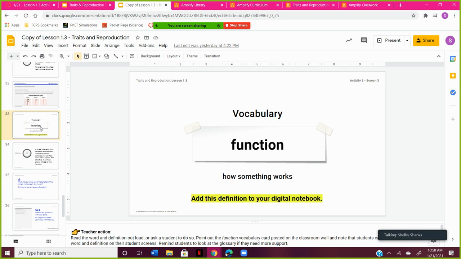All right. So Mr. Livingood, when he was doing that video, he said a lot of things about function. So how something works. Go ahead and add that to your digital notebook. Function is how something works.